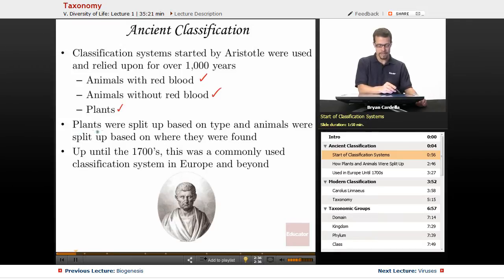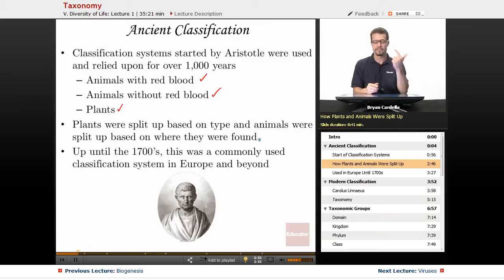So plants were split up based on type. So further categorization underneath these little umbrella terms, he would have split up plants like, hey, that's a bush, that's a tree, etc. And animals were split up based on where they were found: water, land, air. Now there's a problem with that, right?